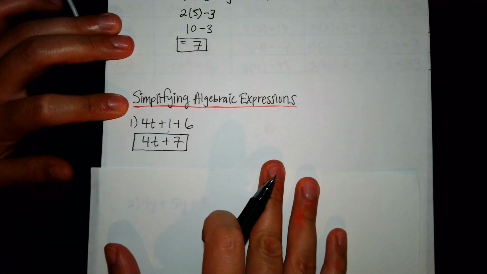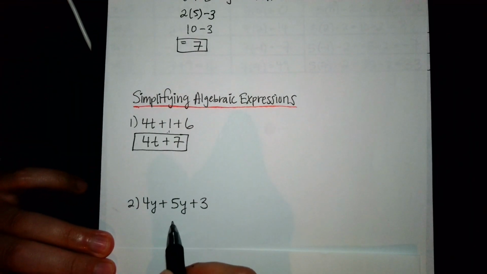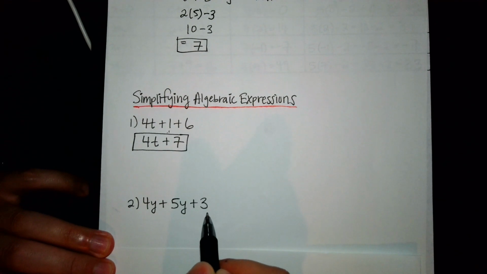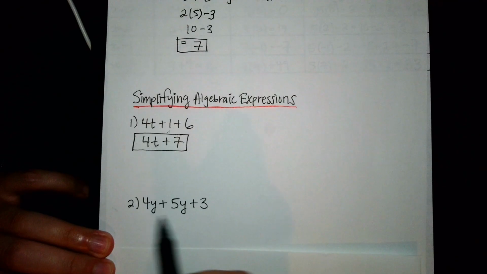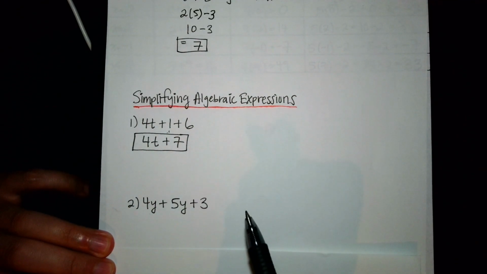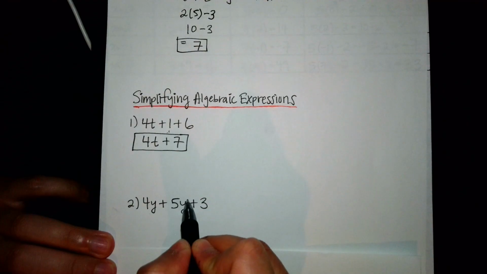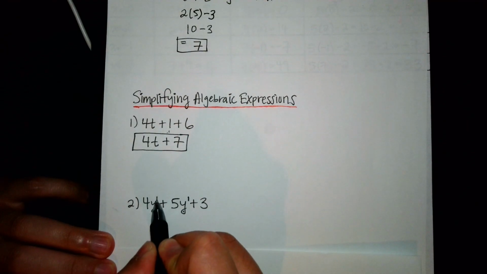Let's work on another example. We have 4y plus 5y plus 3. Okay, do we have any like terms? Yes, we do. 4y and 5y are like terms. Why? Because they have the same variable and they have the same corresponding exponent. They have the same exponent of 1.